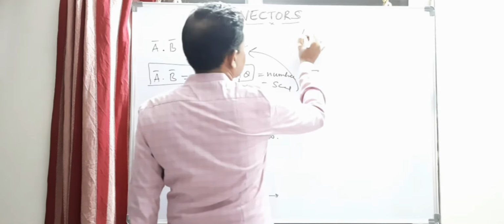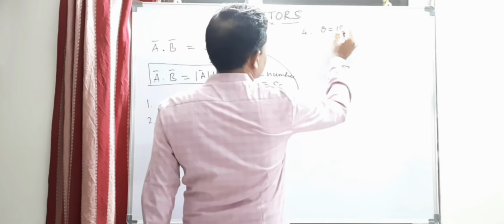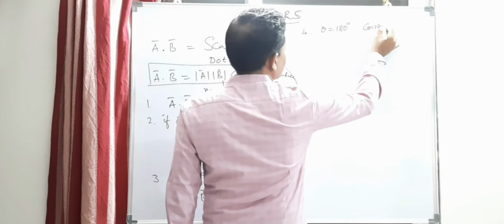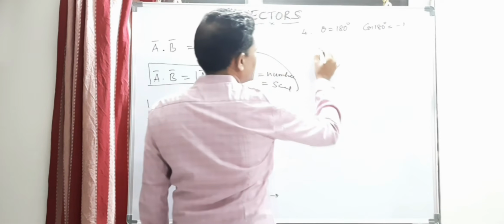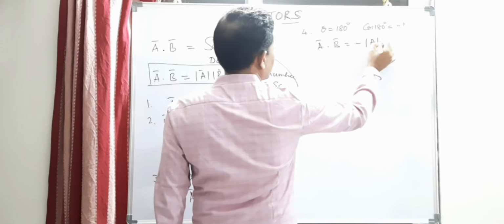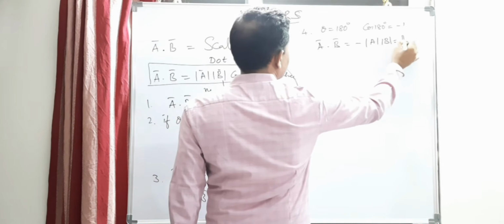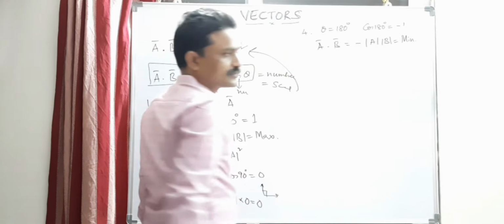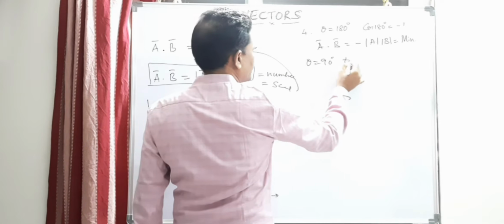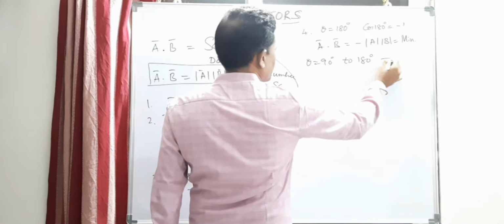Now fourth one, when theta is equal to 180 degrees, cos 180 becomes minus 1. So in this case, A dot B becomes minus of mod A mod B. So this is the minimum possible value. You remember, from theta equal to 90 degrees to 180 degrees, the dot product will be negative.